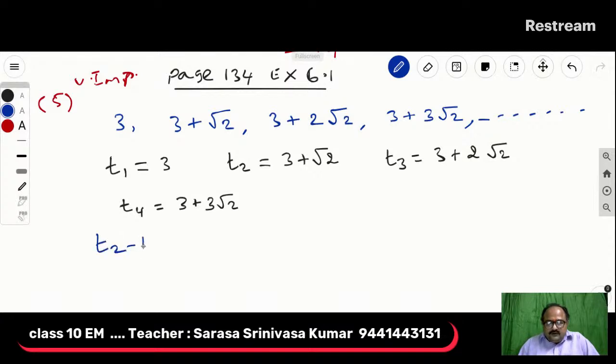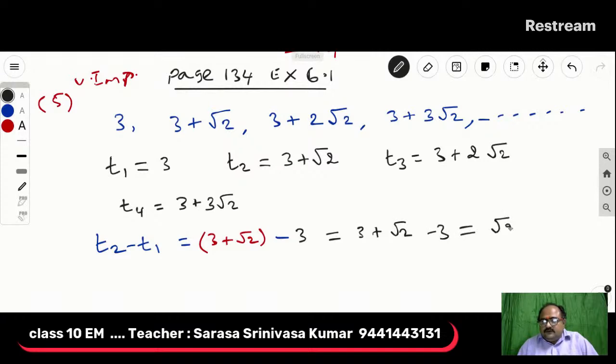What is T2? It is 3 plus root 2 minus 3. So we get square root of 2. Here T2 minus T1 is square root of 2.